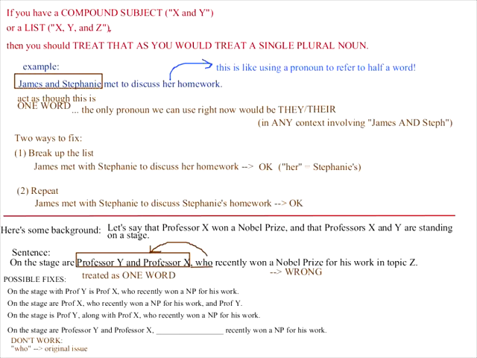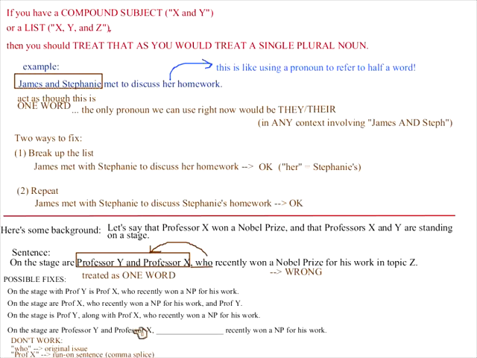You can't put Professor X because that is a run-on sentence. It's a comma, also known as a comma splice. You can't. It doesn't matter whether there's a comma or not because this is still considered one word. So even if it's with a comma, even if it's without a comma, it still doesn't work.